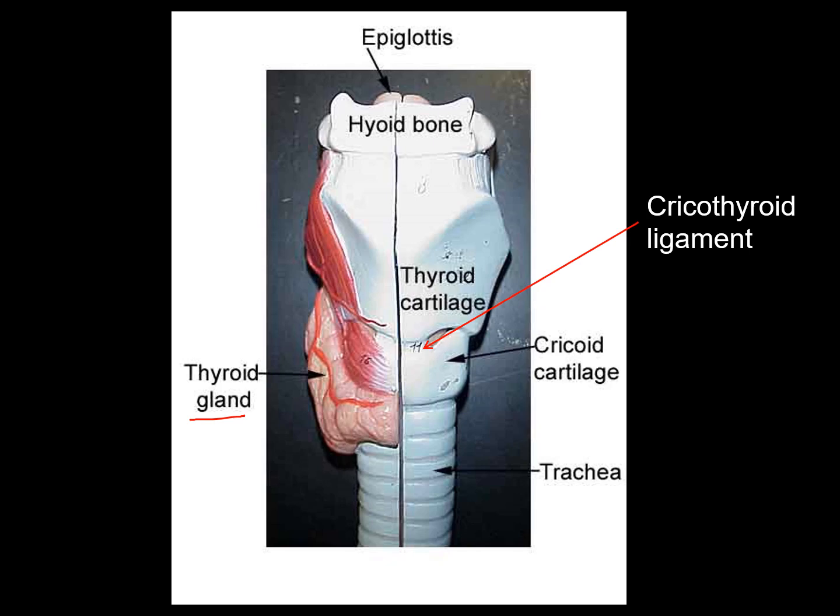Up at the top, we have our epiglottis, poking up behind the hyoid bone. Then we have that big thyroid cartilage and the smaller ring, the cricoid cartilage. In between there, you can see a little ligament, the cricothyroid ligament. And it continues as the trachea, down into the lungs.